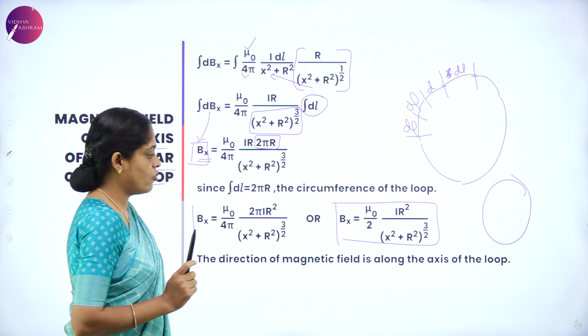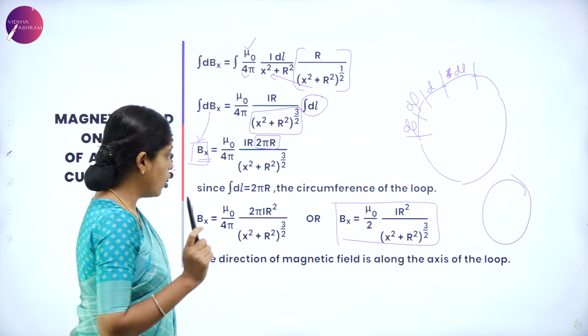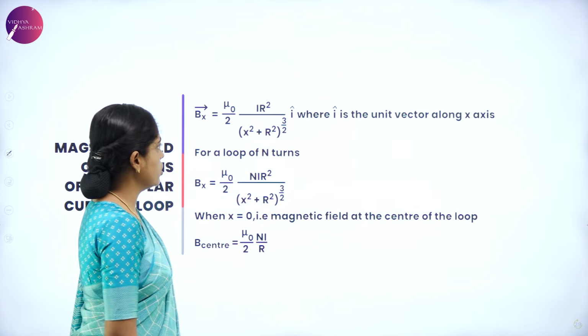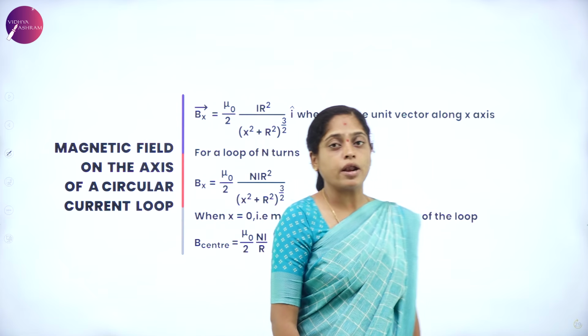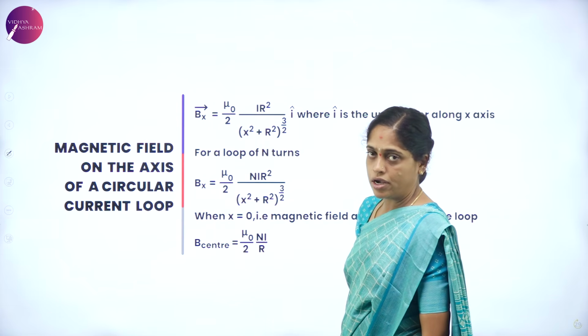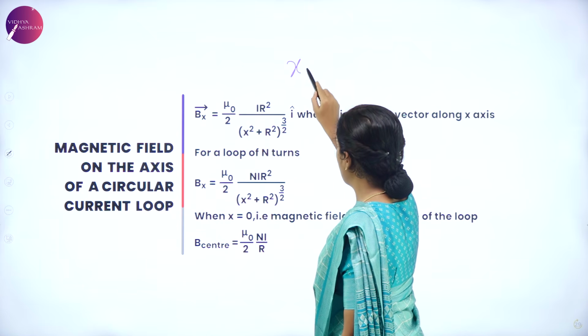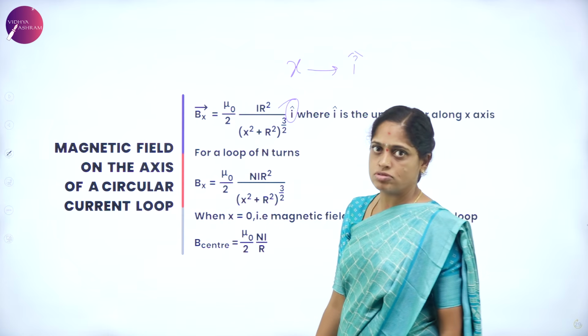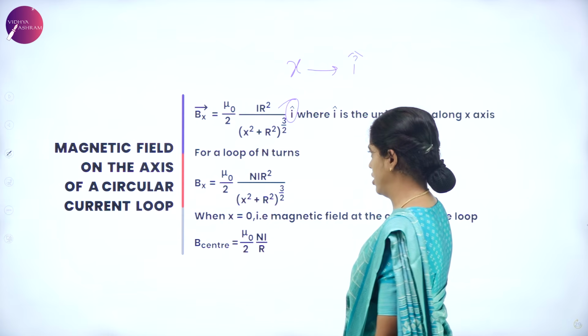And what is the direction of the magnetic field? It is along the x-axis. Now let us represent it in vector form, as magnetic field is a vector quantity. The unit vector along the x-axis is i cap, which gives the direction of the magnetic field.